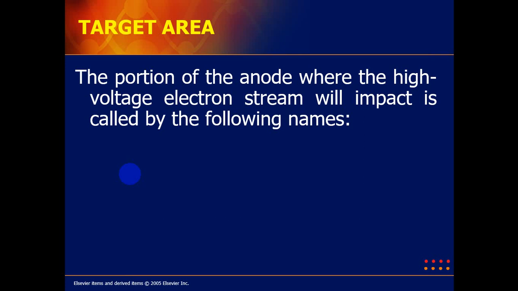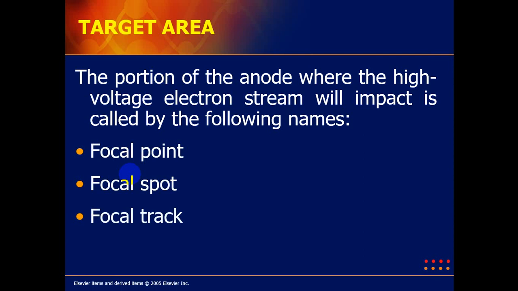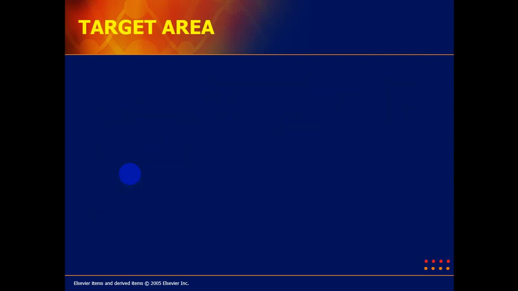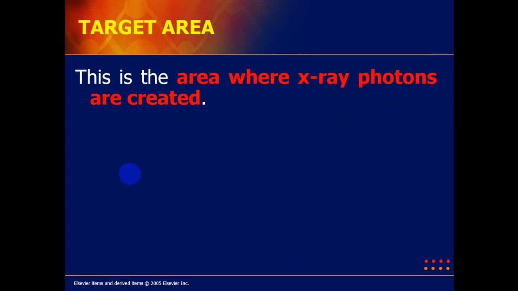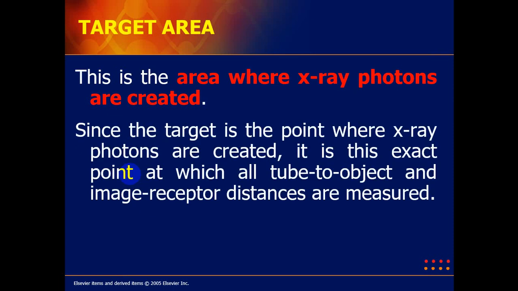The portion of the anode where the high voltage electron stream will impact is called by the following names: focal point, focal spot, or focal track. This is the area where photons are created. Since the target is the point where X-ray photons are created, it is this exact point at which all tube to object and image receptor distances are measured.